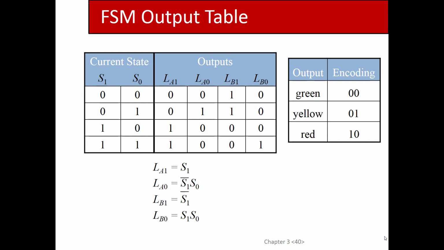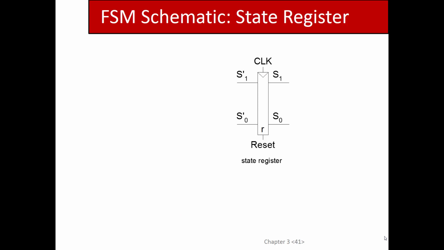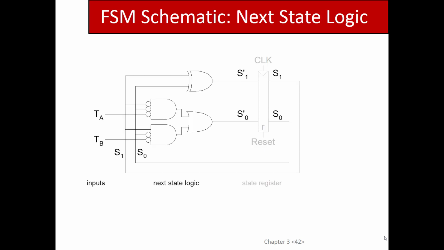Any questions? OK, once you've got that, then you can build the actual circuit. So in this case, you've got a 2-bit register that's shown with a reset and a clock.